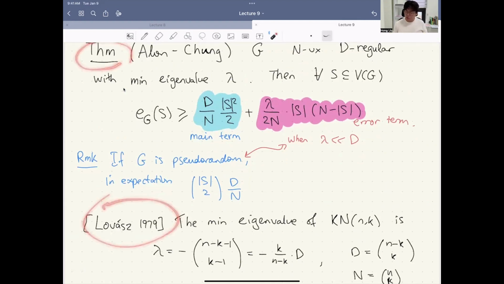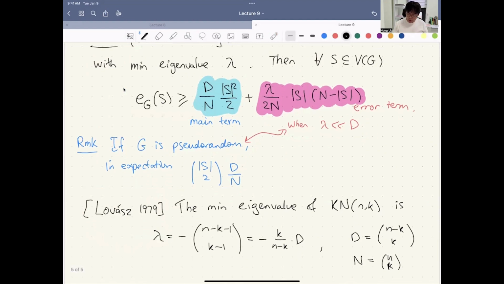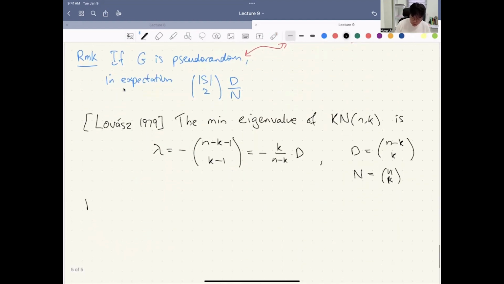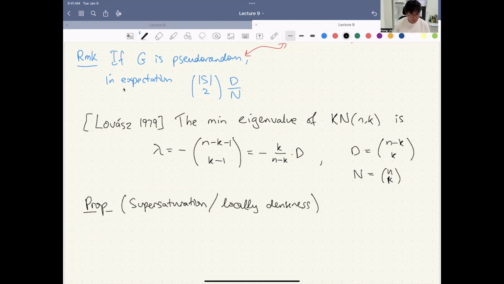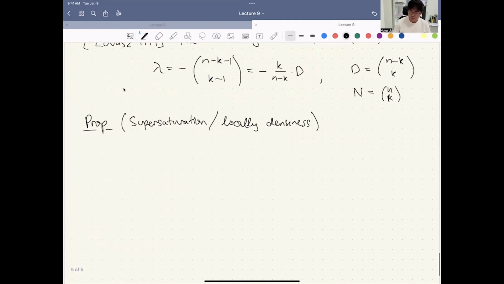Now, combining these two, we can get the supersaturation. The supersaturation, or local denseness, whichever way you want to call it, goes as follows.